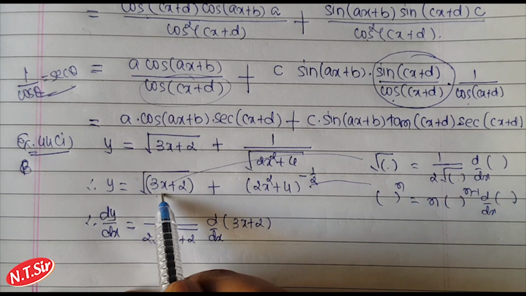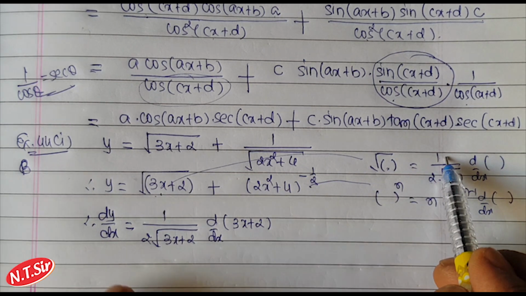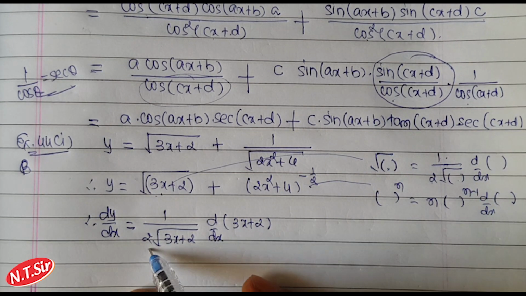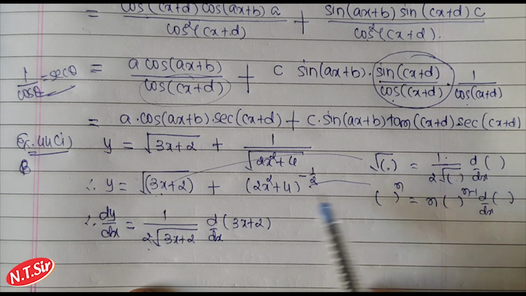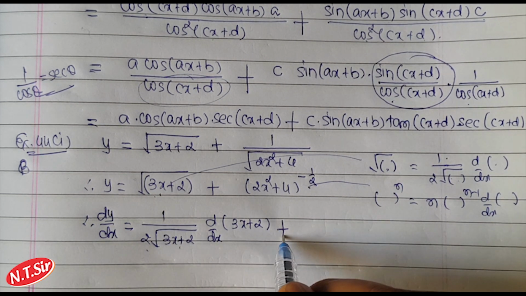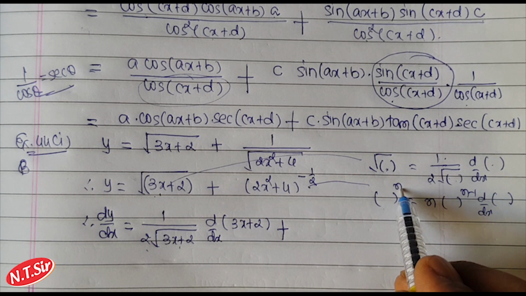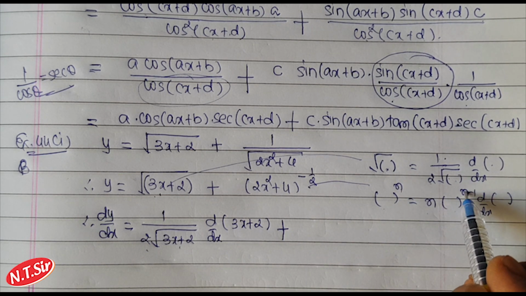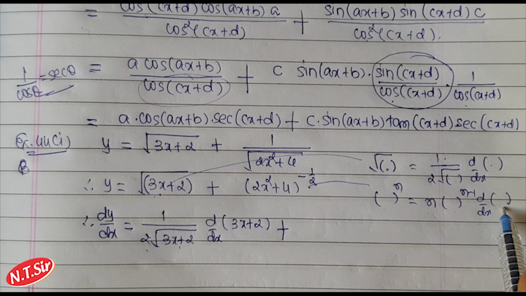Derivative of root bracket is 1 upon 2 root bracket into derivative of bracket, plus applying formula bracket raised to n minus 1 into d/dx of bracket.